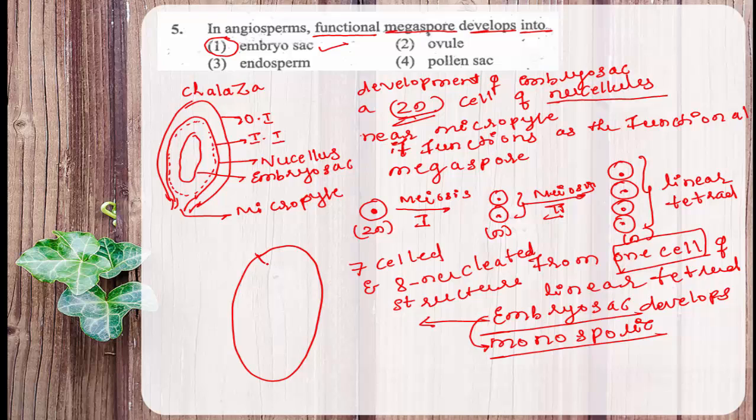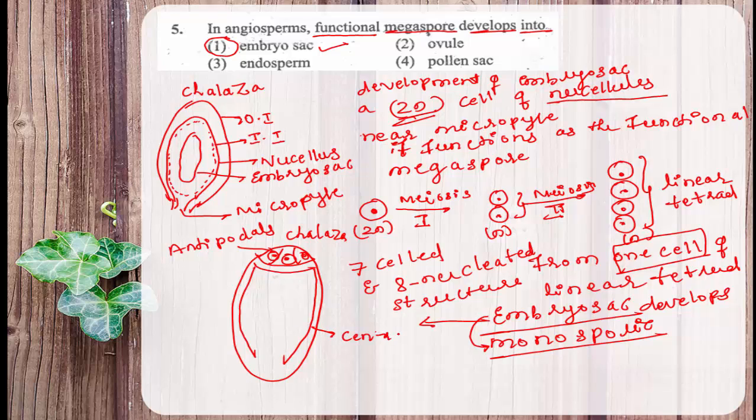What are those 7 cells? Towards the chalaza, 3 antipodal cells are present. All the 3 are antipodals. And this end is chalaza. In the center of the embryo sac, one larger central cell is present.